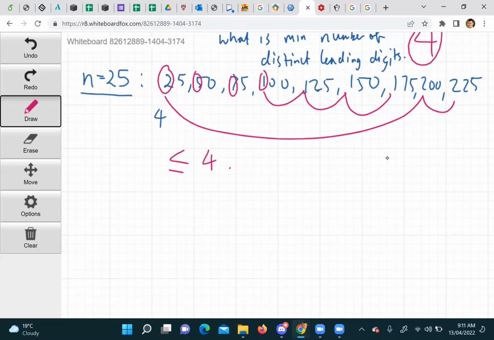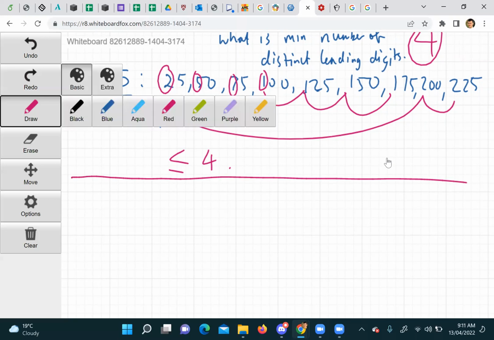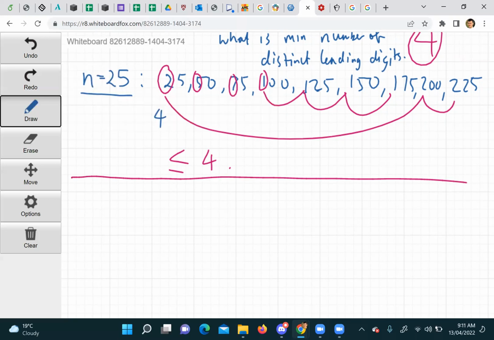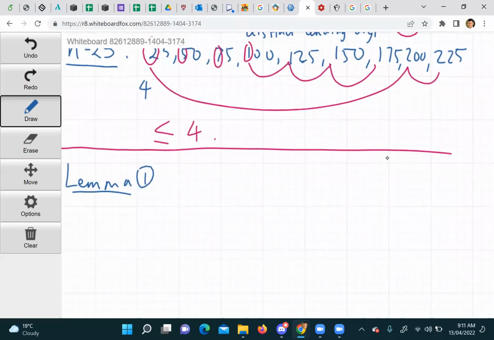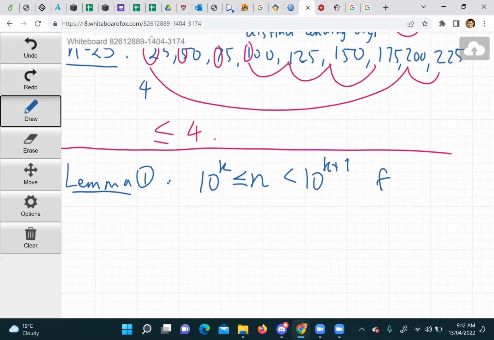There are a lot of ways you can organize it, but there's one cool idea that makes the write-up nice. You can write this as a note or a lemma. Basically, if you have n greater than or equal to 10 to the k and less than 10 to the k plus 1 for some k greater than 0, it's saying that n has k plus 1 digits.